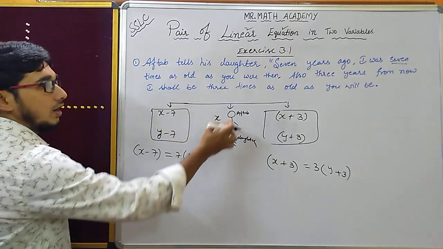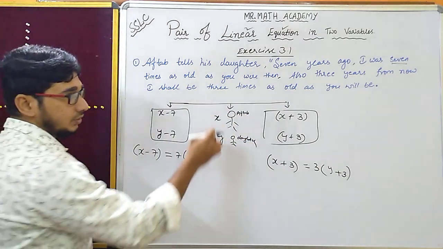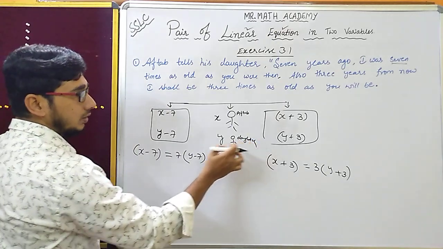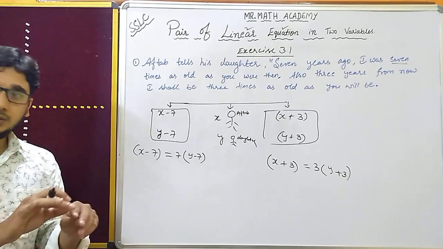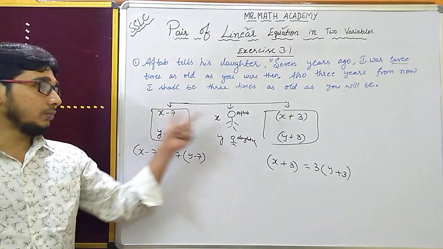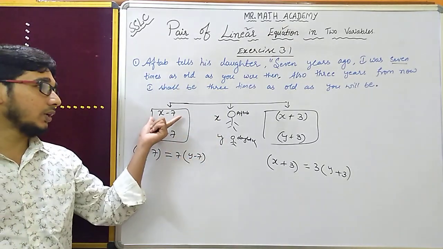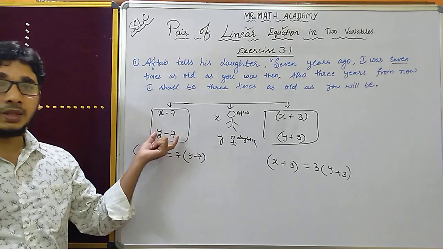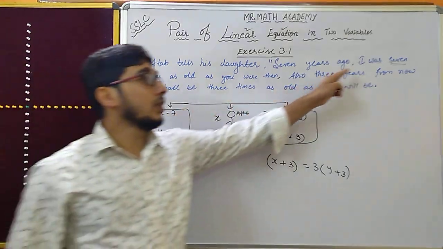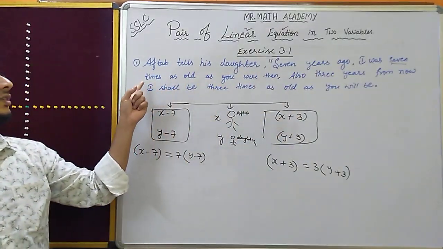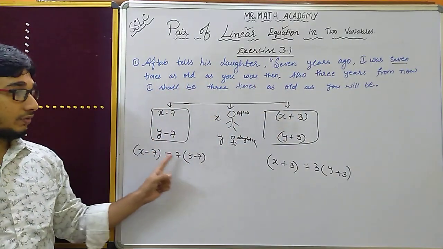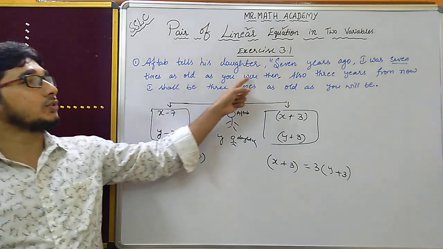Aftab's present age, assume X; daughter's present age is Y. 7 years before means subtract 7 from both of them. You'll get this conclusion. Finally, what is the statement? I, Aftab, was 7 times as old as you were then.